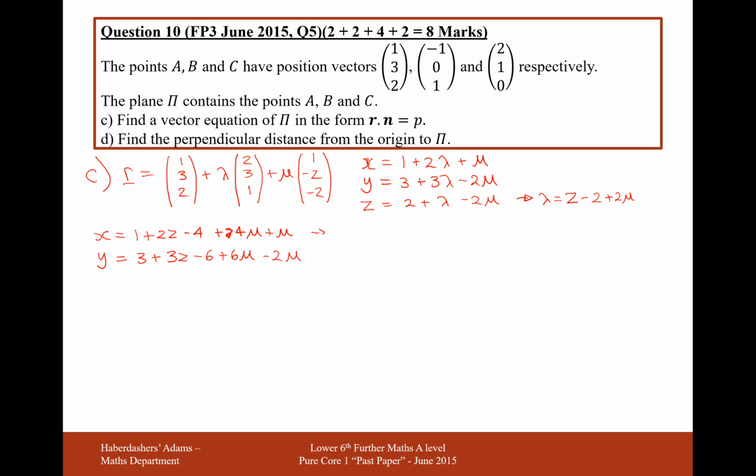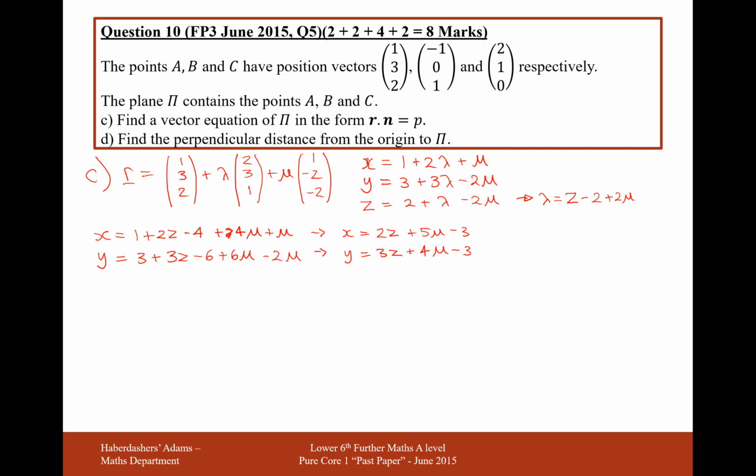So simplifying both of these, we're going to get x equals 2z plus 5 mu minus 3. And we're going to get y equals 3z, we get a minus 3 as well, and plus 4 mu.